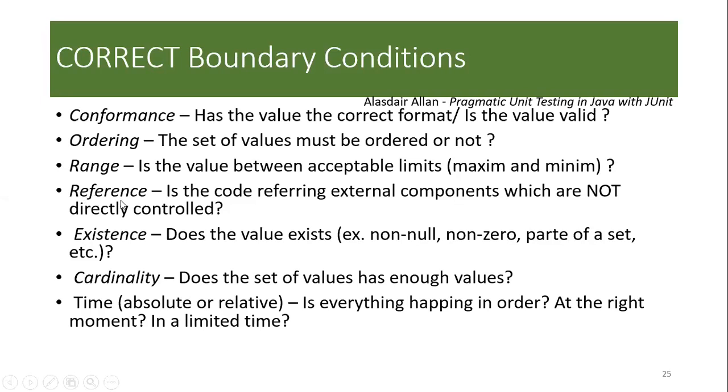Now, reference. Reference is very important in Java and in any language that works with references, like any object-oriented language, including C++ when you play with pointers, because reference is trying to make you see the danger of shallow copy. Remember, shallow copy means you get the reference of an external object and you will not have full control over it. You are just using it.